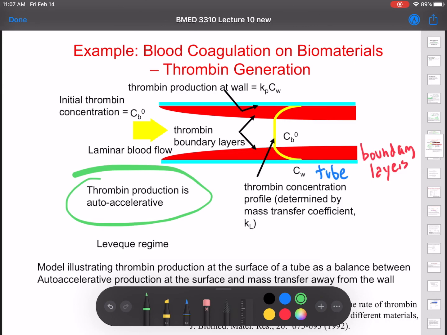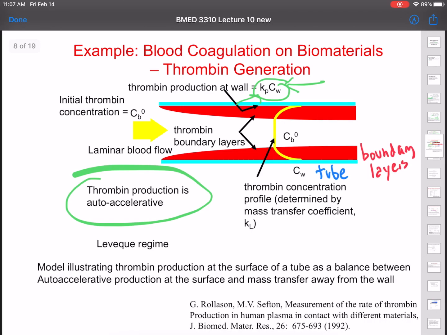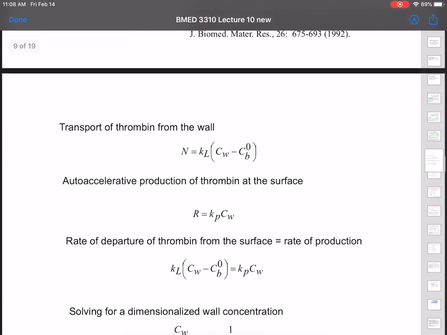All right, and so here's the reaction rate. If CW is the concentration at the wall, and Kp is our reaction rate constant. The idea here is that the more thrombin you have, the faster it can produce.